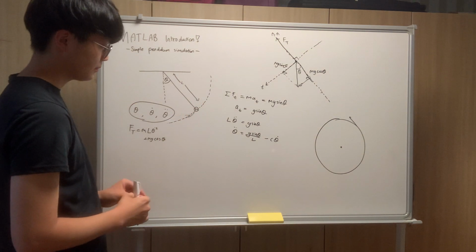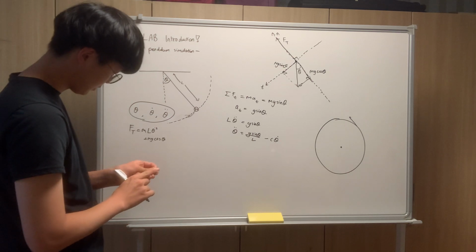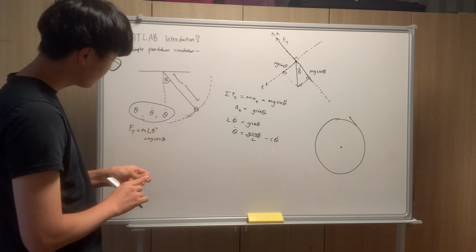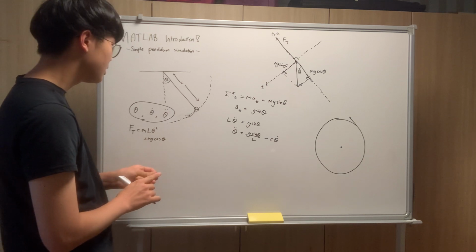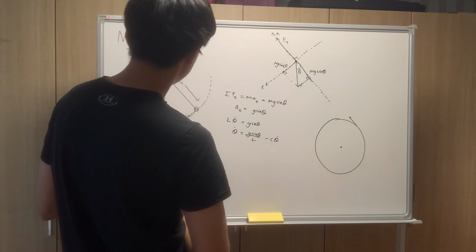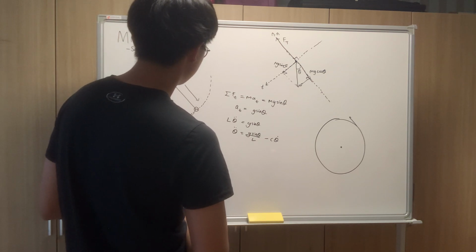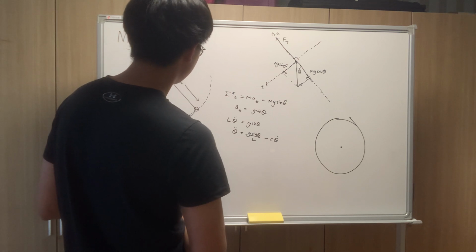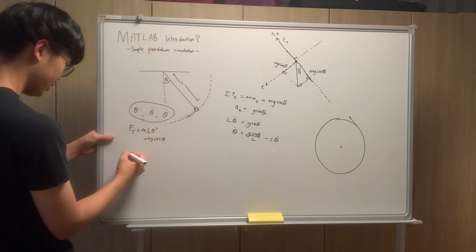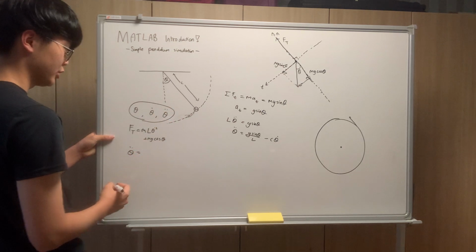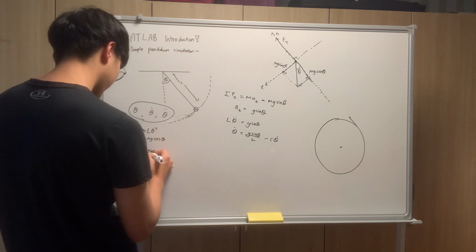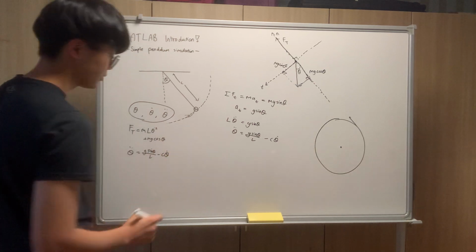And so we have defined our second variable, which is equal to g sine of theta over L minus c theta dot.